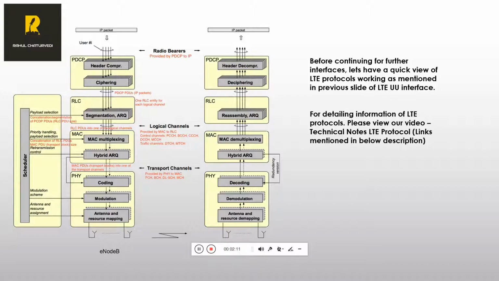In the MAC layer, we have MAC multiplexing, HARQ, and prioritization, the prioritization method that was just explained in the protocol video. The physical layer has coding, modulation, and antenna and resource mapping.